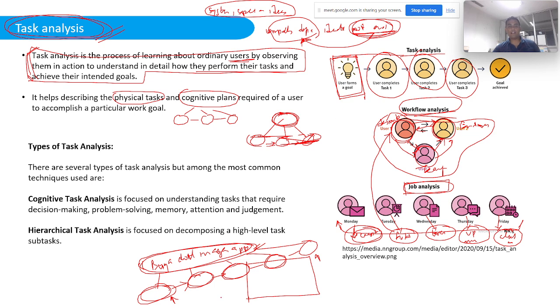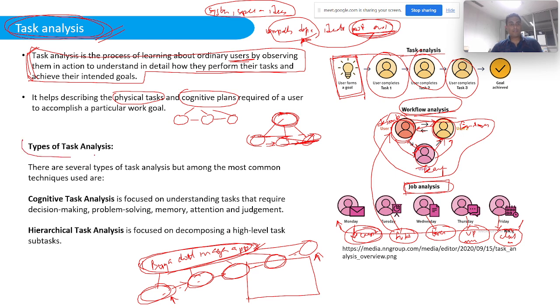When we are trying to buy clothes using a mobile app, we have a fixed starting point and fixed end point, and we have only one particular objective, and a fixed set of tasks in order to achieve that goal. And this is what we try to analyze when we try to understand a particular system in practice.